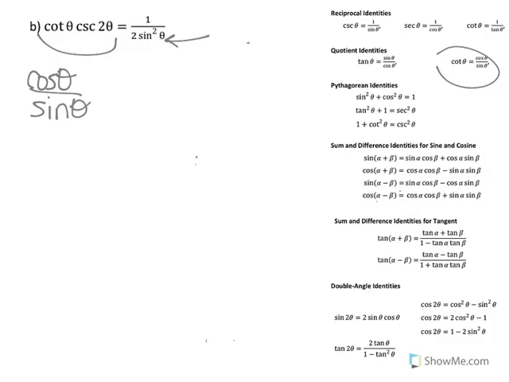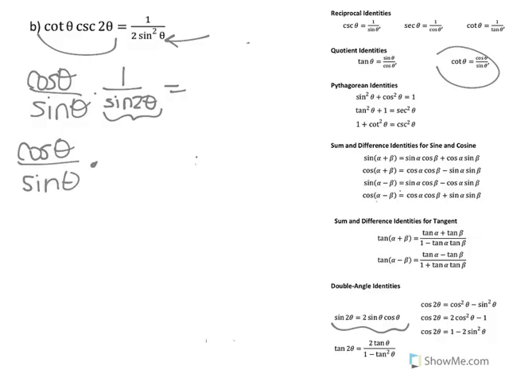And I know that cosecant 2 theta is the same as the reciprocal of sine, so it'd be 1 over sine 2 theta. And now I'm going to use my double angle identity here and change it right there. So I have cos theta over sine theta times 1 over 2 sine theta cos theta.